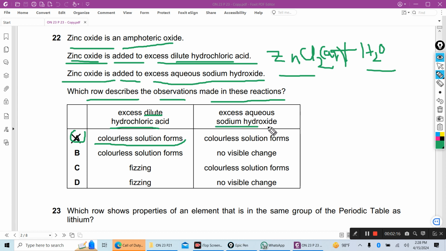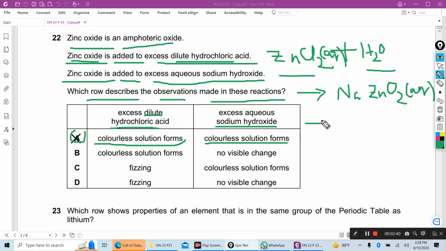Now with excess sodium hydroxide also, zinc oxide reacts with sodium hydroxide, and sodium zincate, Na2ZnO2, aqueous is formed. So sodium zincate is also aqueous, this is a colorless solution.